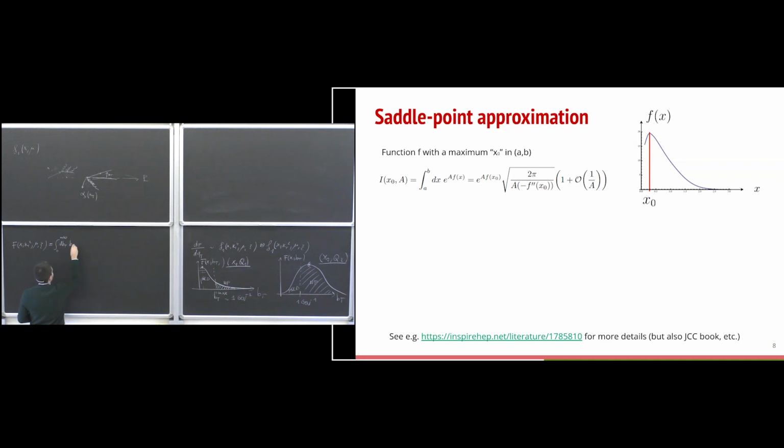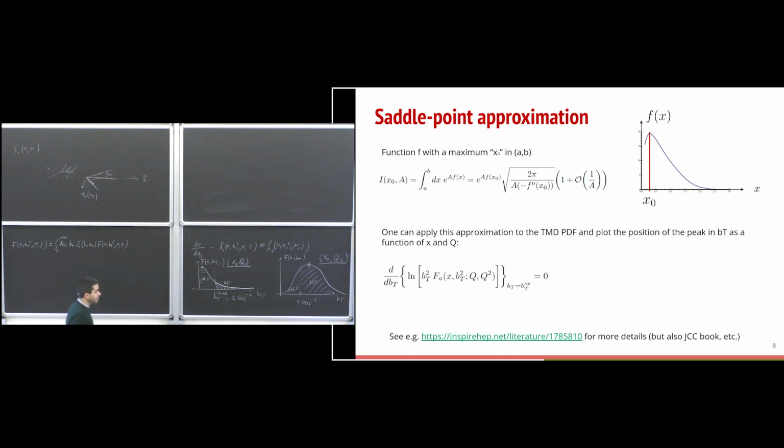So for the unpolarized PDF, this boils down to an integral of this type, BT, KT, and then you have f of x, BT squared, mu, zeta. The Fourier transform, if you integrate over the angular parts, includes a J0 function here.